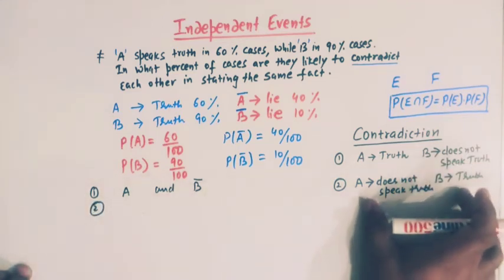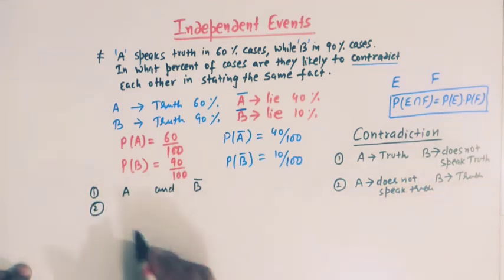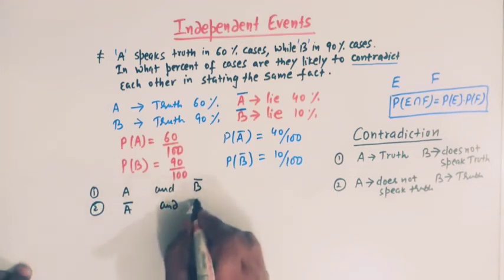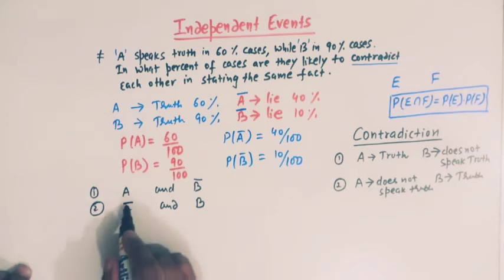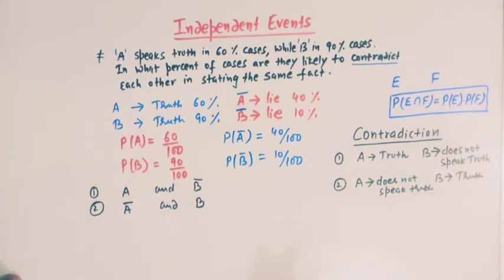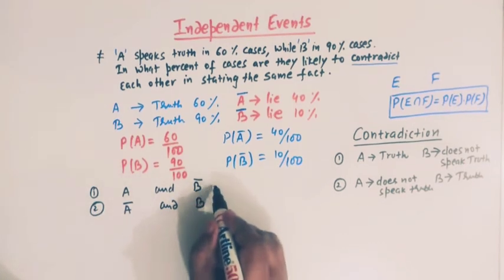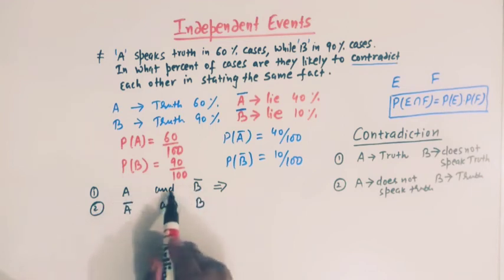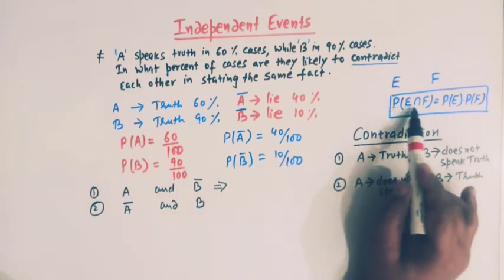Similarly, the other situation can be written as A bar and B, where A bar denotes that A does not speak truth. Now let us write these conditions in probability notation.